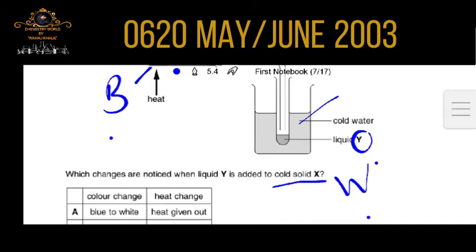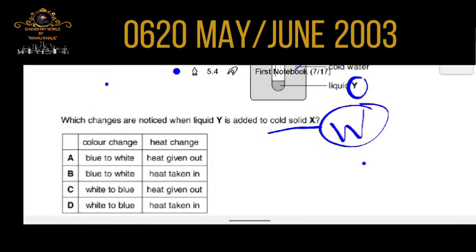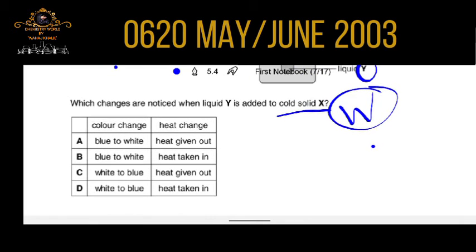And when liquid Y is added, it is hydrated, its color changes into blue, and heat is given out. It is an exothermic reaction. So option number C is the right option here.